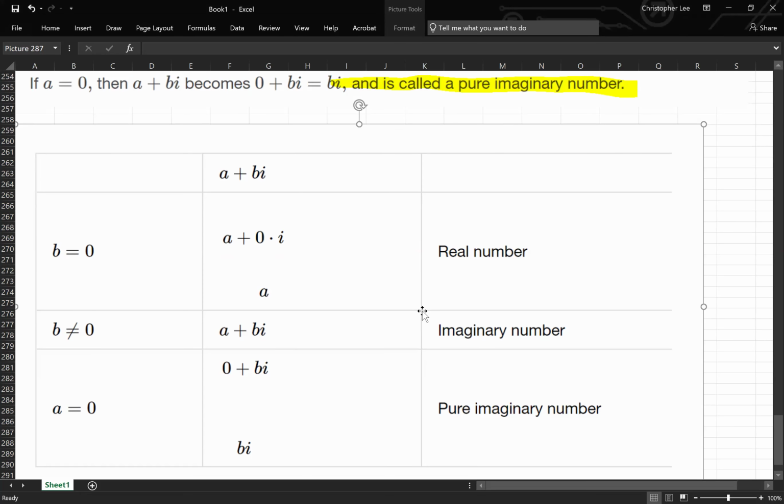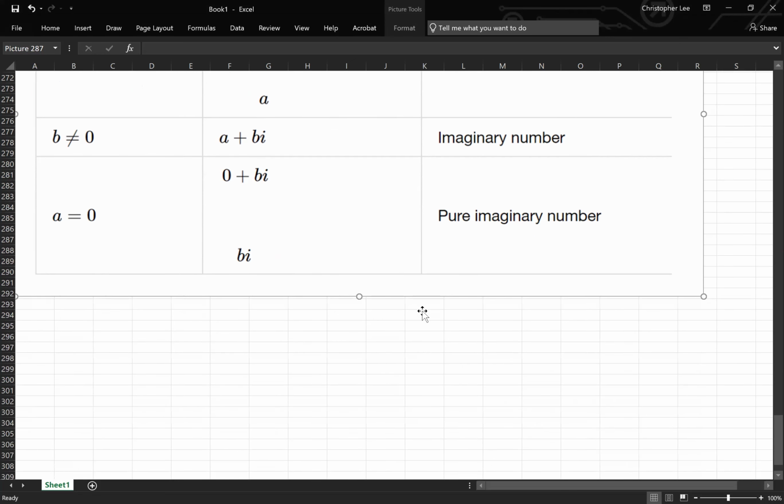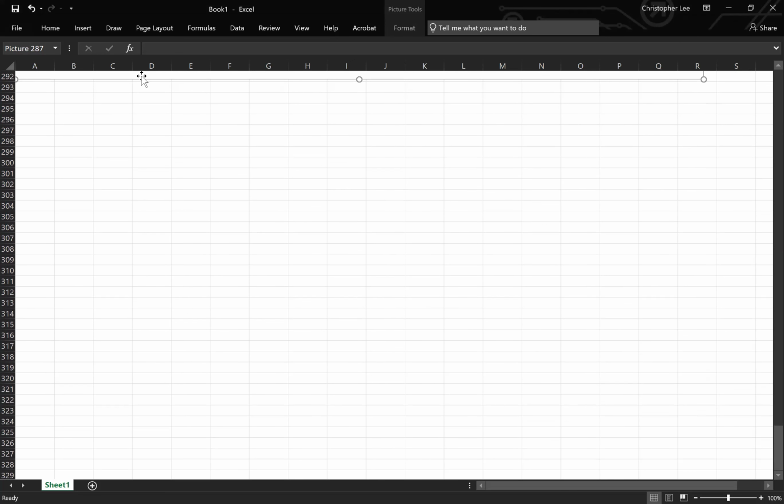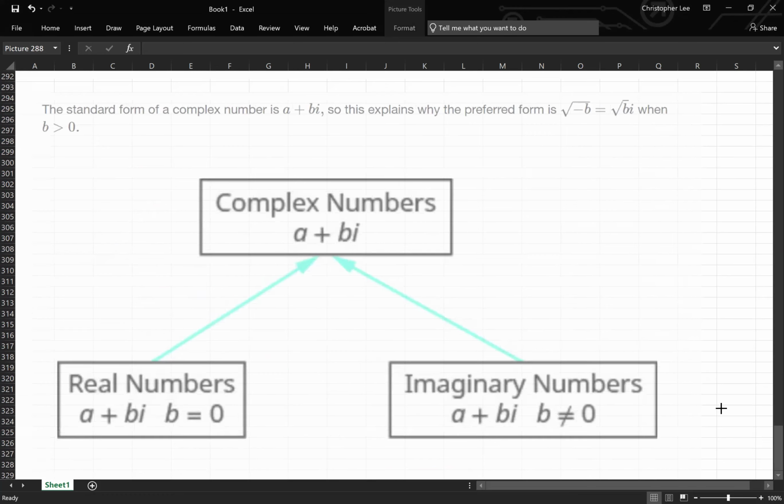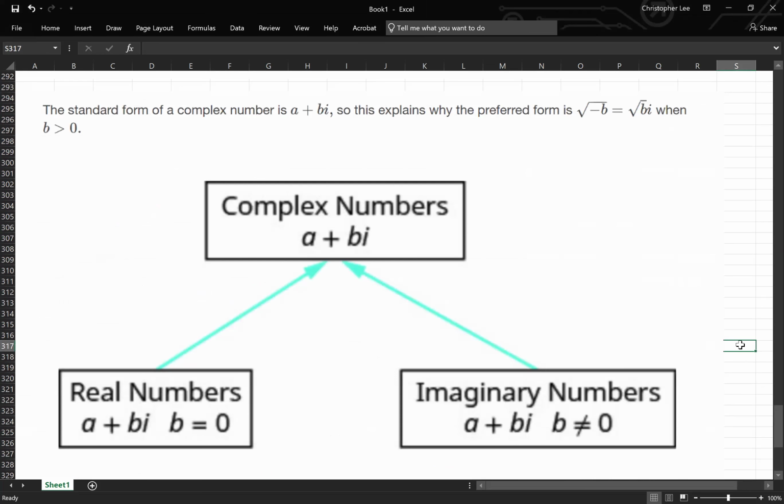We good? All right, just to make me feel good. I feel like some of y'all quiet, but y'all really don't know what's going on. I'm just gonna say it one more time. All right. So the standard form of a complex number is a plus bi, right?